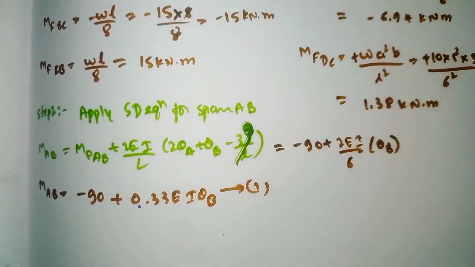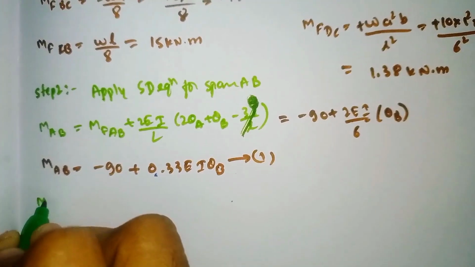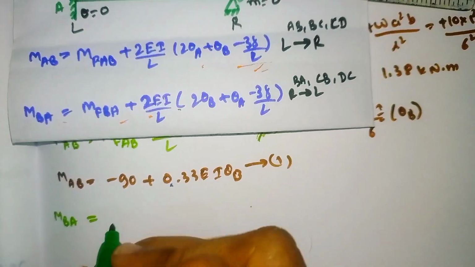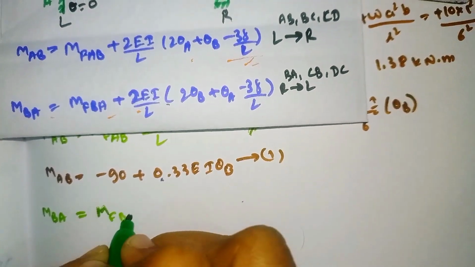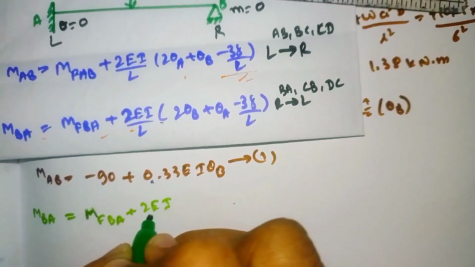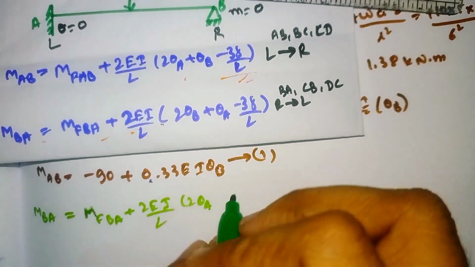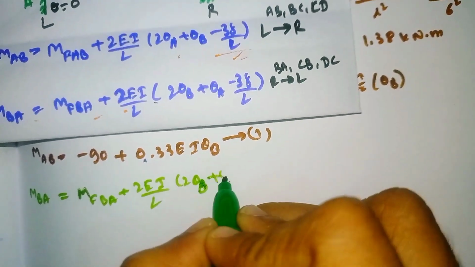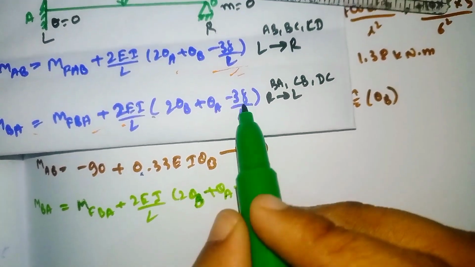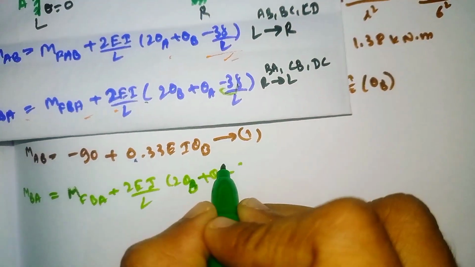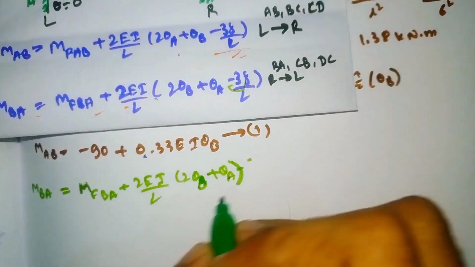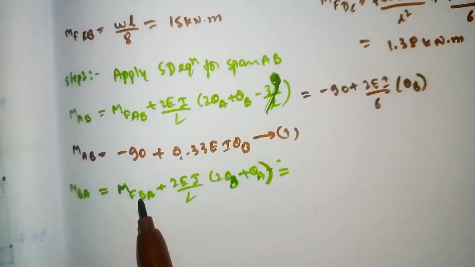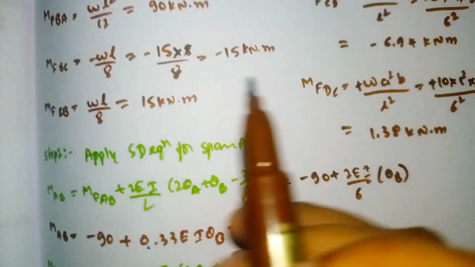So similarly for MBA, we have the formula. MBA is equal to MFBA plus 2EI divided by L, 2 theta B plus theta A, minus the deflection value, which is not given, so I am not writing it here. Now substitute all the values. Our MFBA value we got was 90.